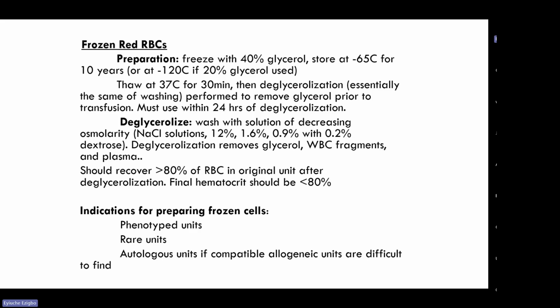So if they come in contact with such units, sometimes they want to preserve it for a particular patient that may come up and need that specific rare blood group, so they can decide to store it. Also autologous units, if compatible allogeneic units are difficult to find. In a situation where a patient donates his or her own blood for a planned surgery, it can also be stored for them this way.